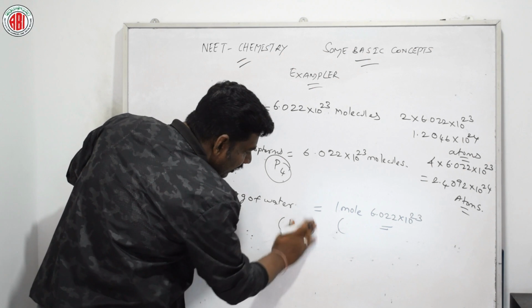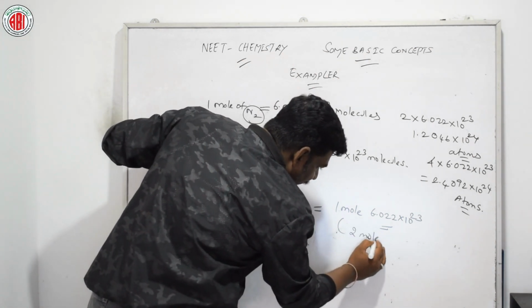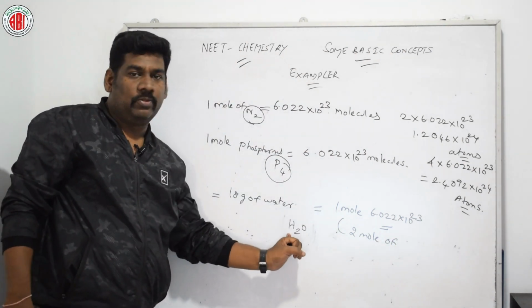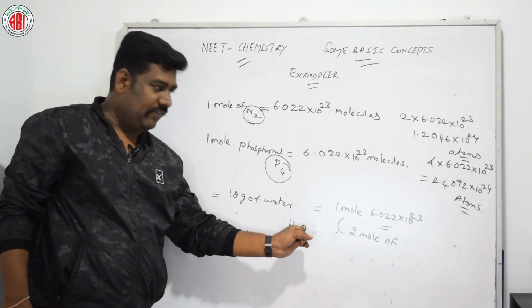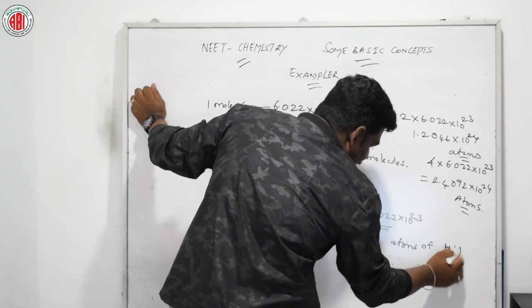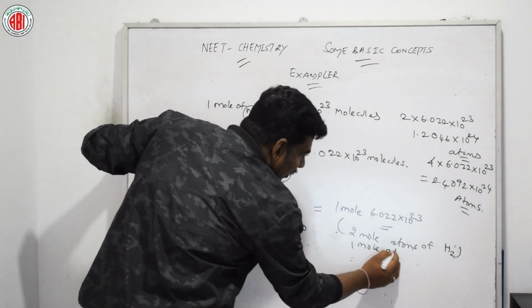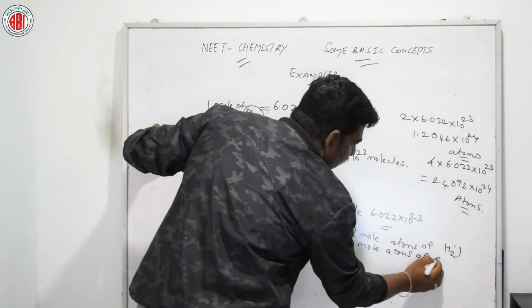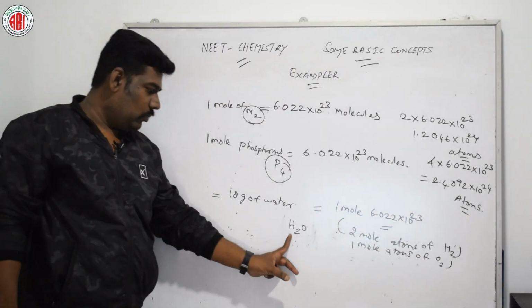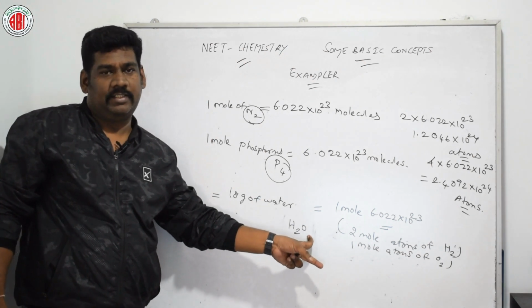So here 2 mole atoms of hydrogen, H2. Similarly, 1 mole atom of oxygen. 2 mole atoms of hydrogen, 1 mole atom of oxygen.